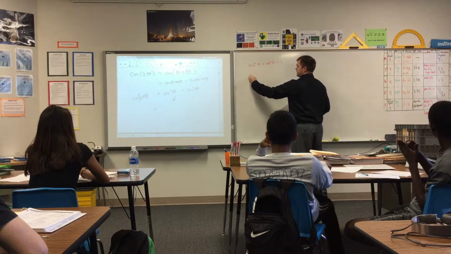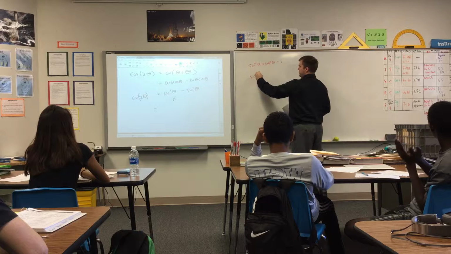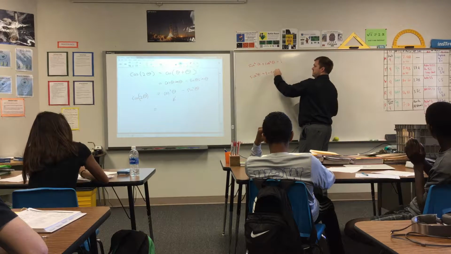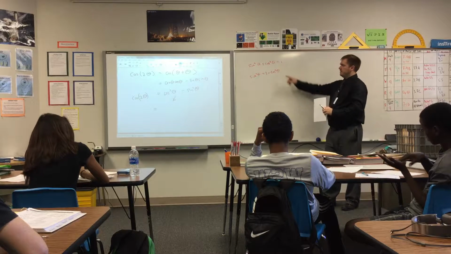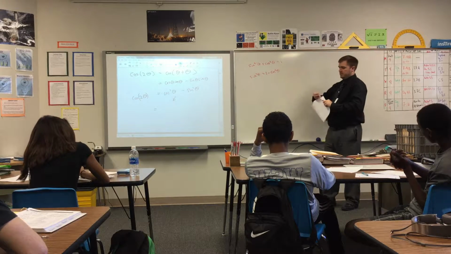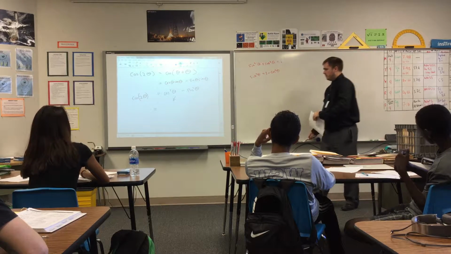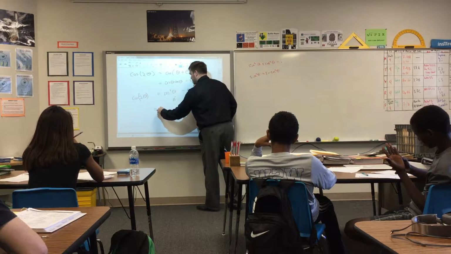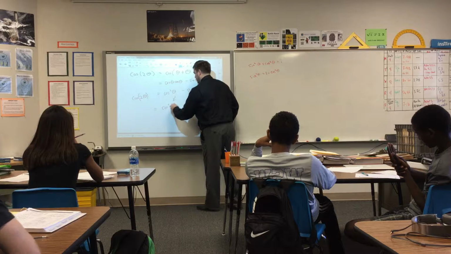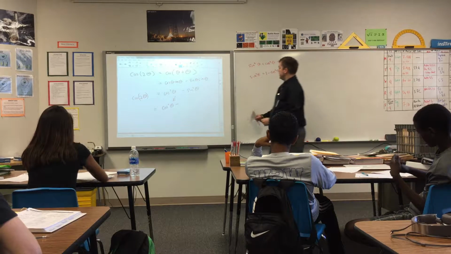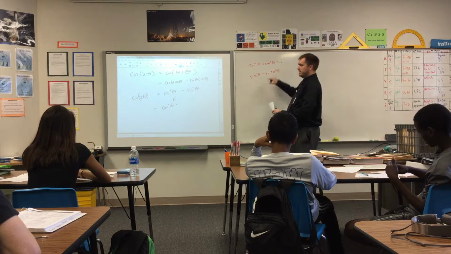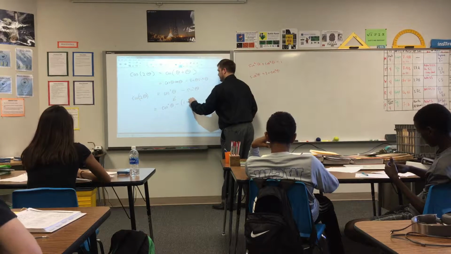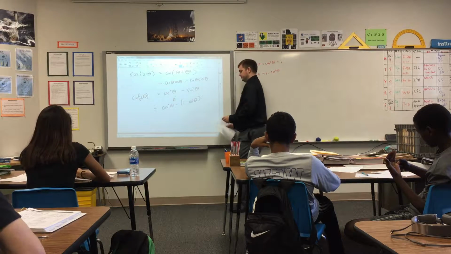So from that, we could say that sine squared theta equals 1 minus cosine squared theta. Would y'all agree with that? So we can go over here and keep the cosine squared theta, but instead of sine squared, we're going to replace that with 1 minus cosine squared theta. So 1 minus cosine squared theta.